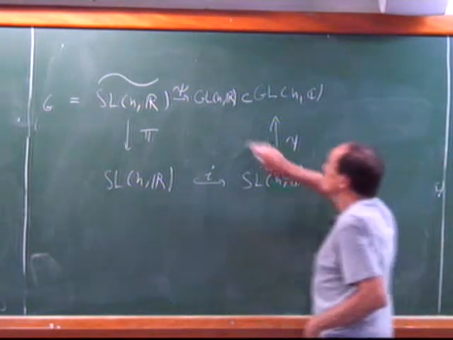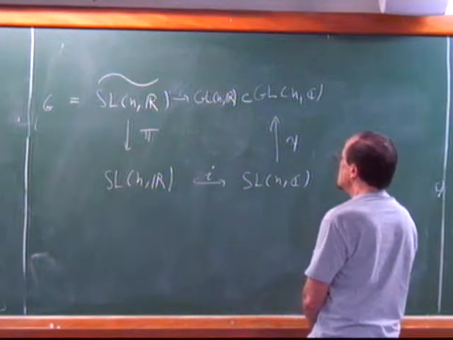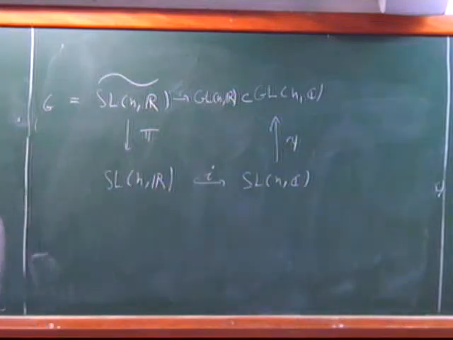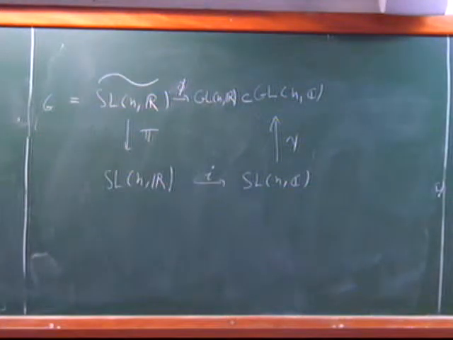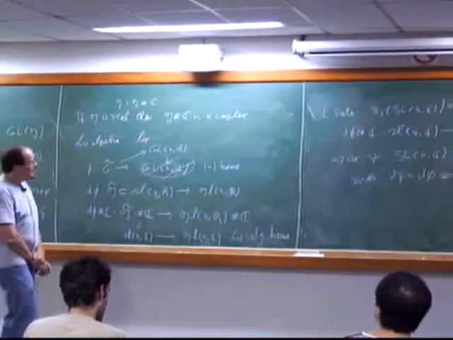What do we call it? We call it phi, right? That's my phi. We assume there's a one-to-one homomorphism from the universal cover of SL(n,R) into GL(n,R) or GL(n,C).